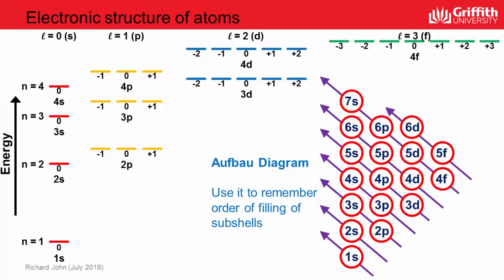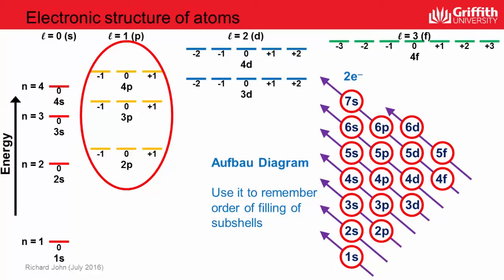Now the other thing that we need to remember here is the number of electrons that each subshell can accommodate. So for example, there is only one orbital in any of the s subshells, and so s subshells can only accommodate 2 electrons. In the p subshells, 3 orbitals exist.